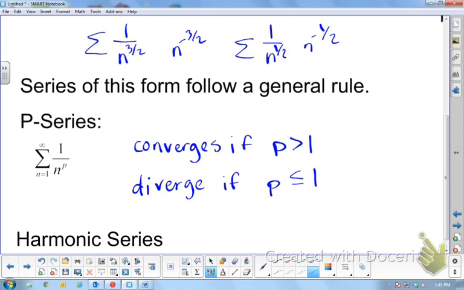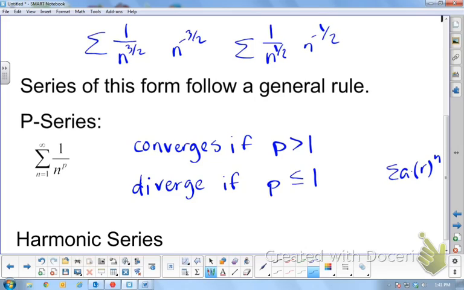Hopefully we'll come to the point where we can just look at a function like this and say, p-series, I know if it converges or diverges, just like we should be able to look at a geometric series. They're kind of backwards. This is a number to an exponent of n. This one is n to a number exponent.